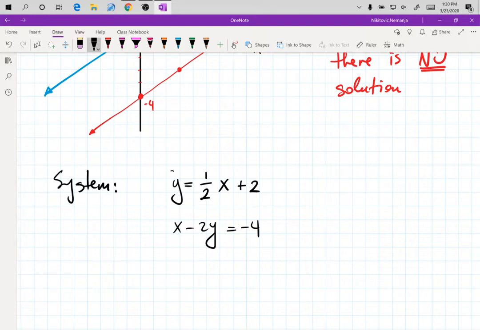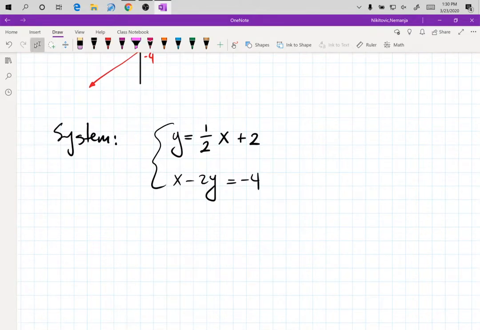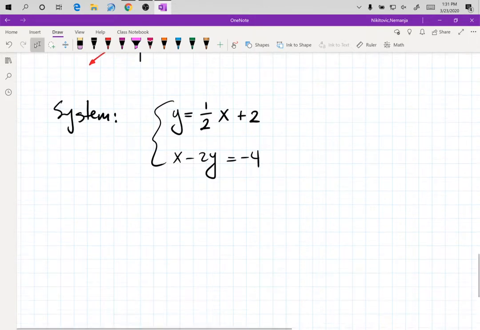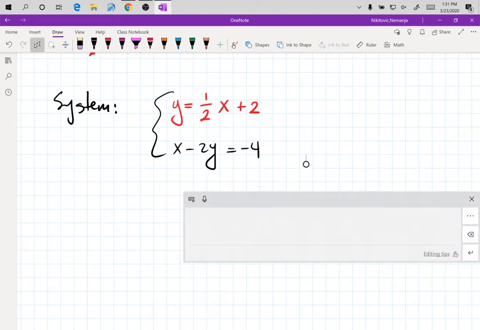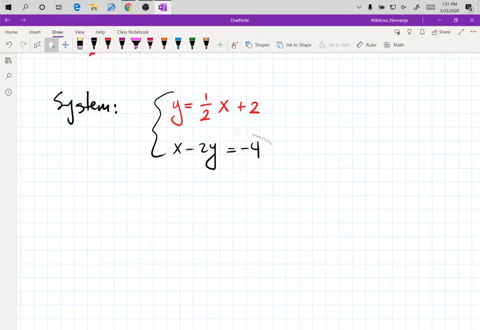So this system should have infinitely many solutions because these two lines should be the same line. Well, let's check. The top line is our easy counting line. Let's go again with the red and blue. Put that, let's say, red. And put the second one over here, blue.